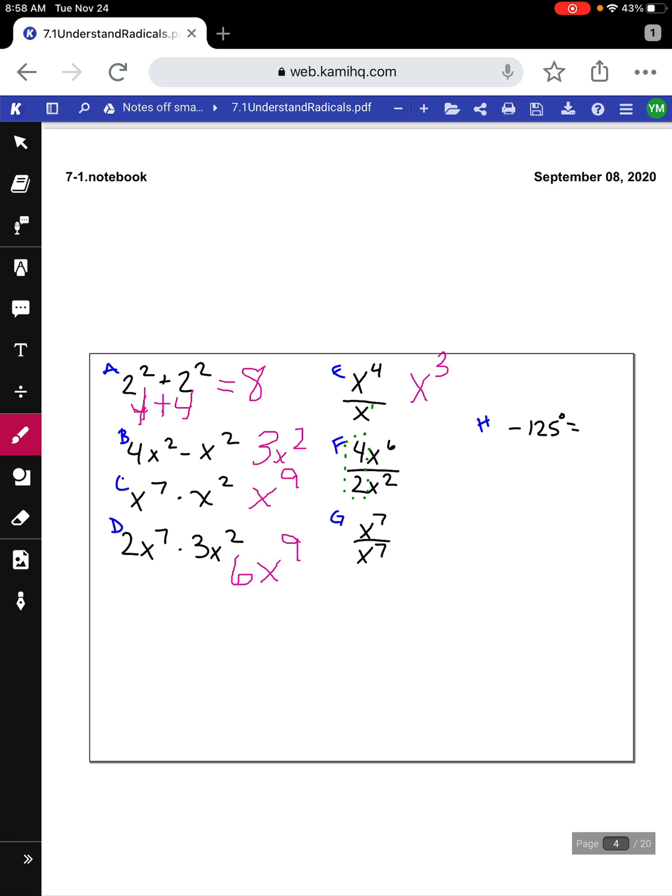For F, you treat the numbers, that 2 and that 4, like you would any other division. 4 divided by 2 is 2. And then you subtract. 6 take away 2 is 4. For G, when you subtract, 7 minus 7 is going to be 0. Anything raised to the 0 is 1. Negative 125 raised to the 0 is 1.